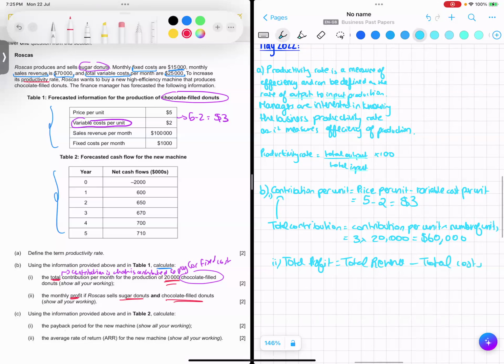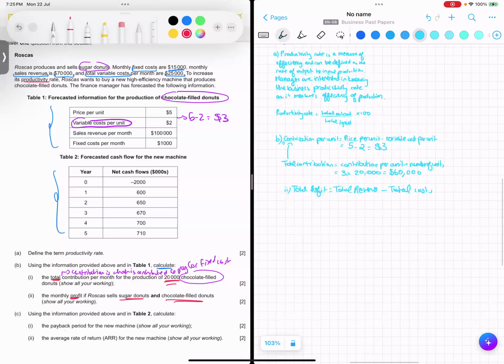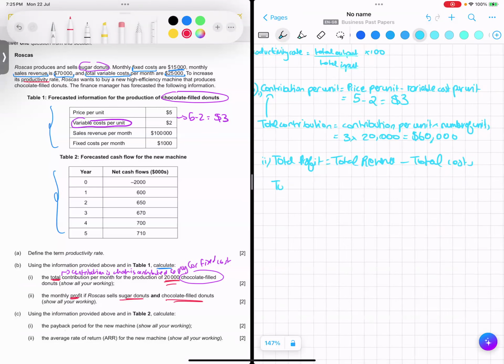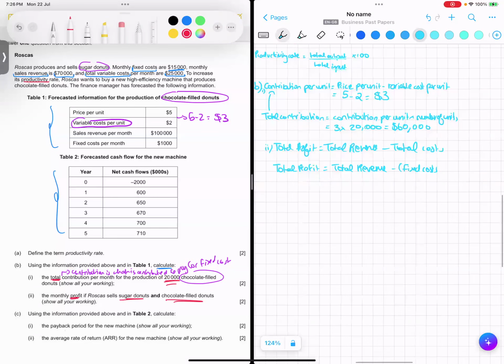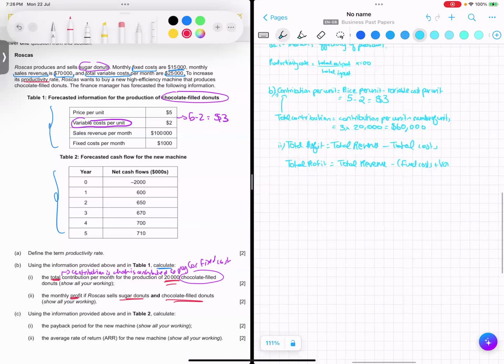Let's break this down just a bit more, right? Total profit is equal to total revenue minus fixed costs plus variable costs, right?